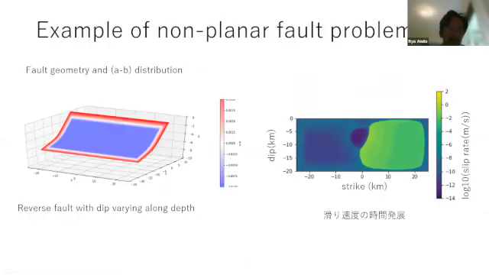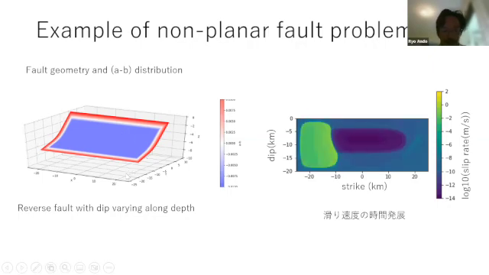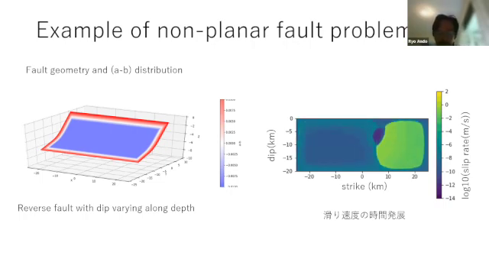This is an exemplified problem we tested. In this test, we considered a dipping fault, a reverse fault like this, with rate and state friction assumed on the fault, and we compute the cycle of fault slip on the fault.